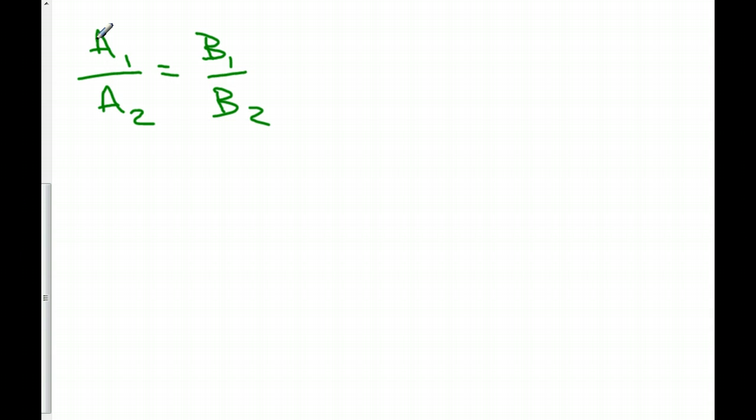When we're dealing with inverse, you take the second fraction and flip it. You take the inverse. So this is direct. For the inverse, this stays the same, and this gets flipped. Okay? And then you plug your numbers in. So it's good to write down the formula first, and then you plug your numbers in.